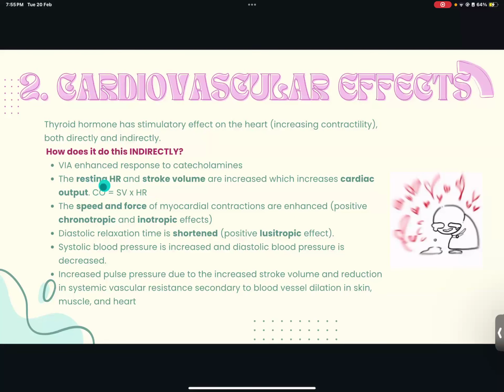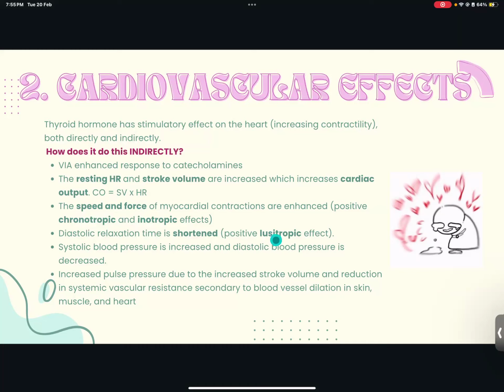So in turn, the cardiac output is also going to increase. Also, the thyroid hormone is going to have a positive inotropic and positive chronotropic effect. Inotropic means that it's going to increase the contractility of the heart, and chronotropic means that it's going to increase the speed of the contractions.